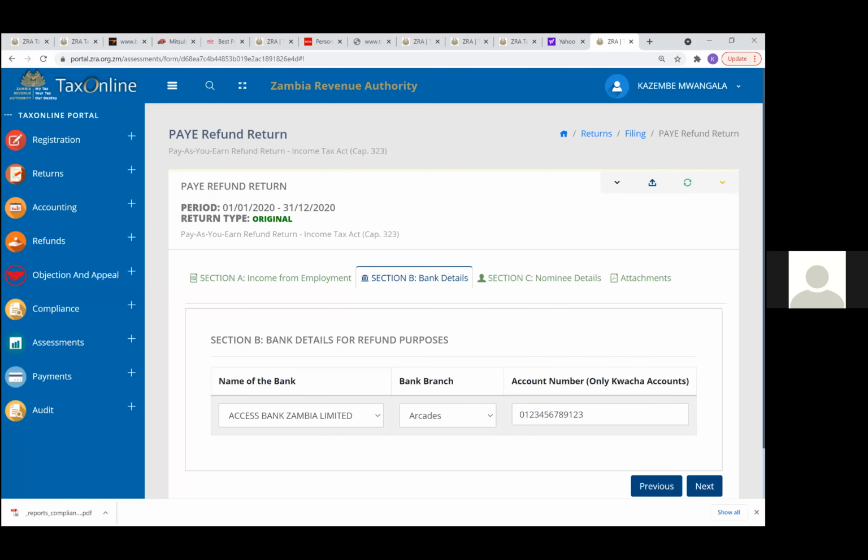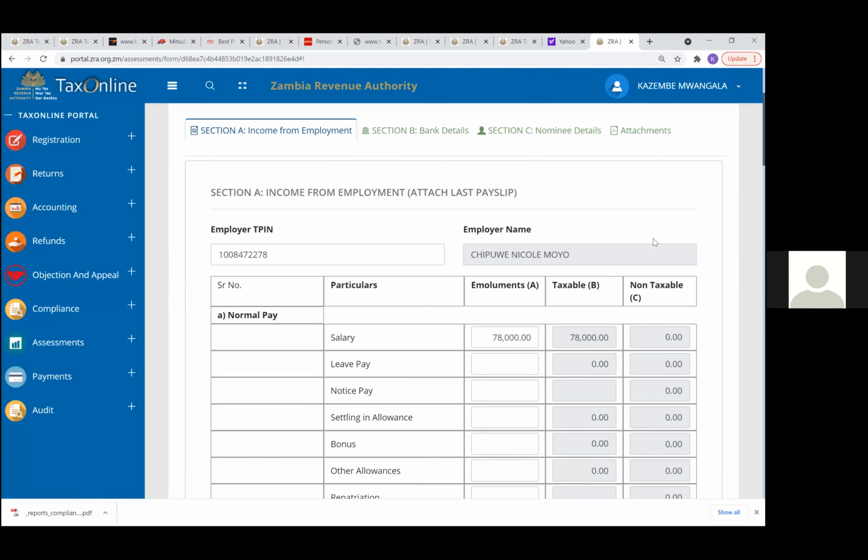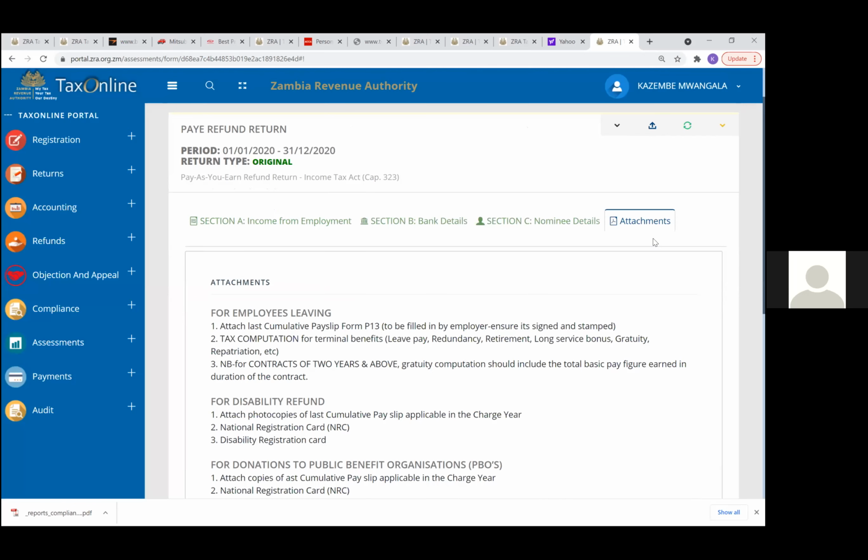This guide will still be there even when the system becomes smart, such that if you do not fill in the first part, you will still be guided to say you have not put any figure under disability, but on your claim there is a card. So you need to attach that, so that the assessor has all the necessary documents to help with the assessment, so that your assessment is not delayed.